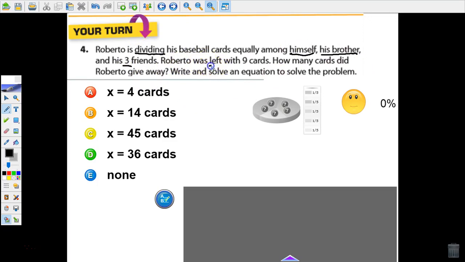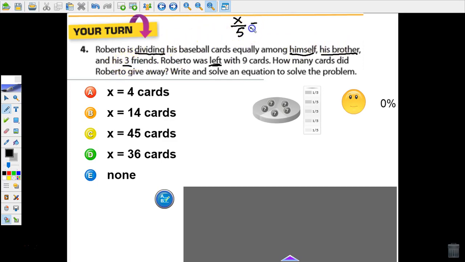Roberto was left with 9 cards. How many cards did Roberto give away? So, do we know how many cards he started off with? No, we do not. So that is my x. So that's my x, and then I'm going to divide it by 5 because himself, his brother, 1, 2, 3, 4, 5.